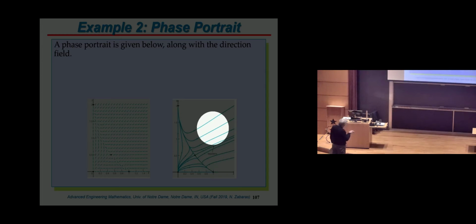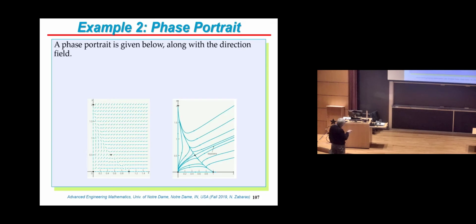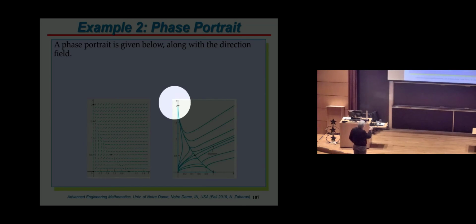Look on the top. If you're coming from infinity, all the trajectories take you where? To this stable point. If you come from down there, all the trajectories are taking you to what point? The (1, 0). So these trajectories that are marked there as separatrix effectively separate 2 different types of trajectories. One converges towards this asymptotically stable point, and another one towards the point (1, 0).